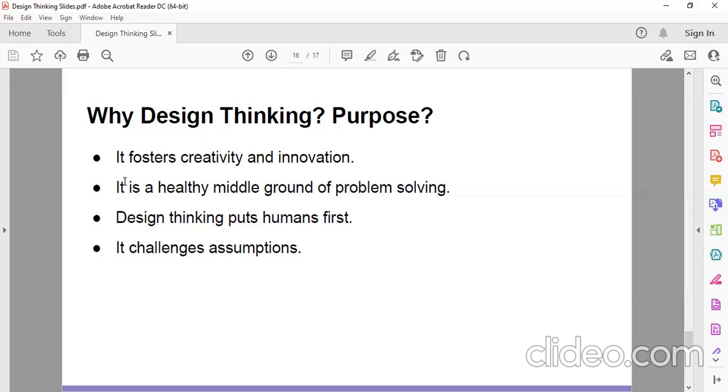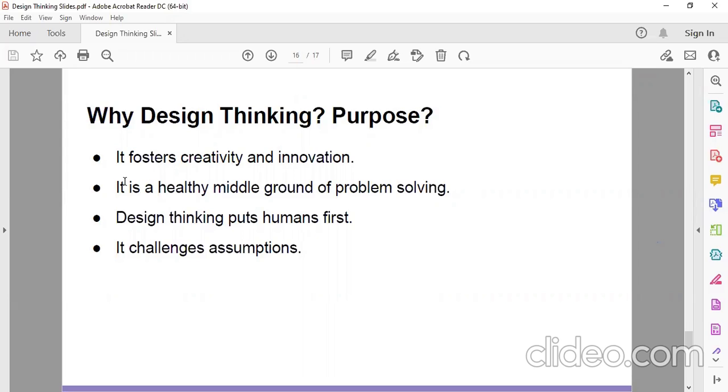We have discussed this in the earlier slides as well. So here in design thinking, the needs of the users are put first, ahead of the needs of the business. Okay, so higher priority is given to the needs of the user.